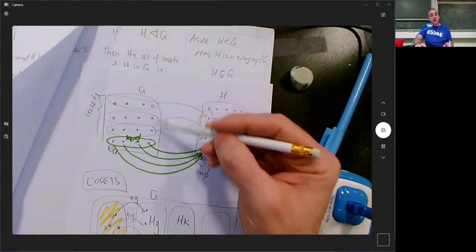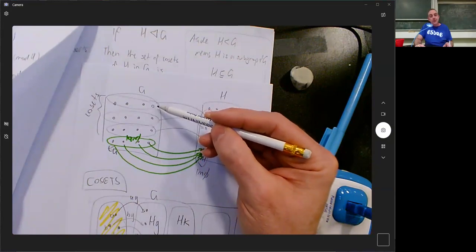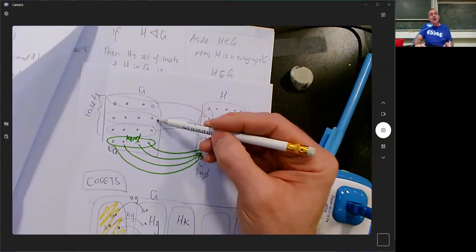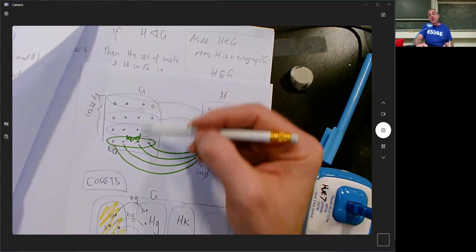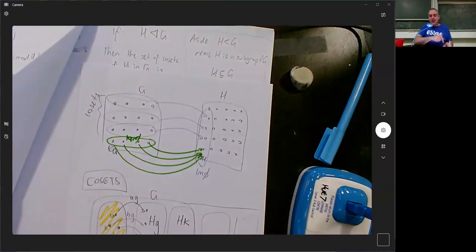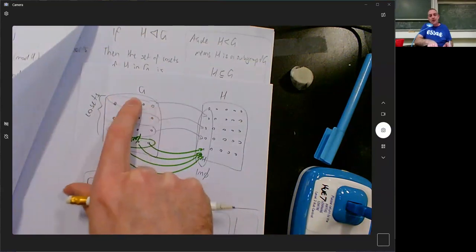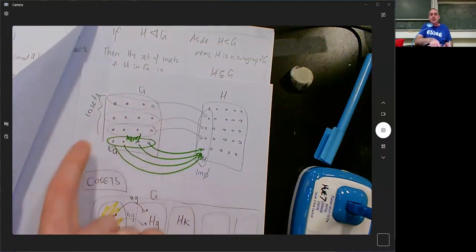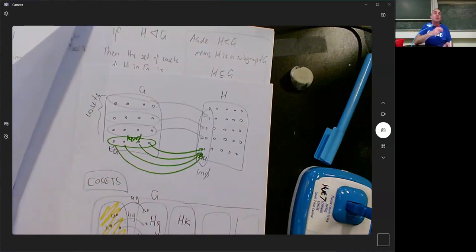And multiplying this one and that one would produce that one, and maybe multiplying these two together produces that one. There's a multiplication of the groups as a whole. And I'm pretty sure it turns out that if you multiply any one of the things in here with any one of the things in here, it ends up with one of them in the other ones. That's how the multiplication works.